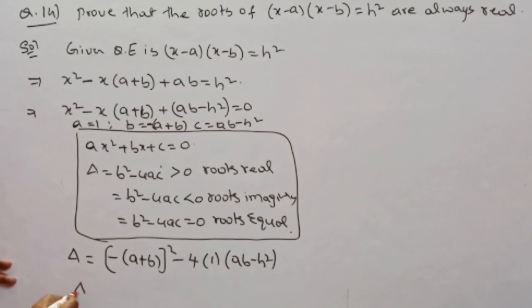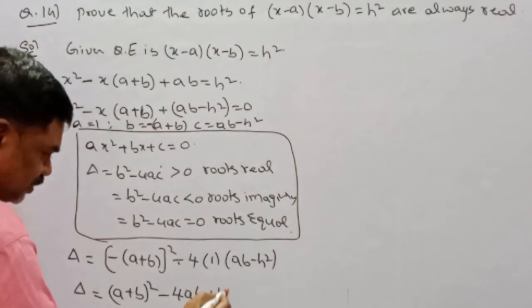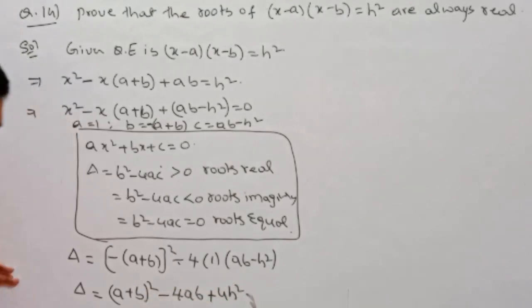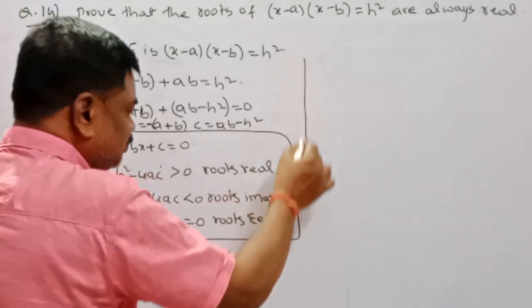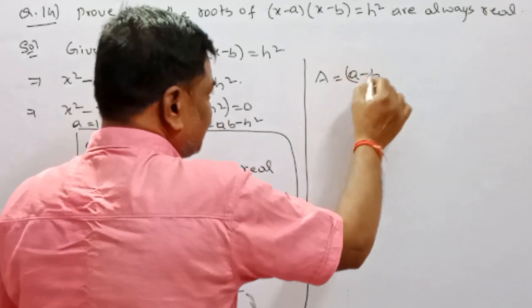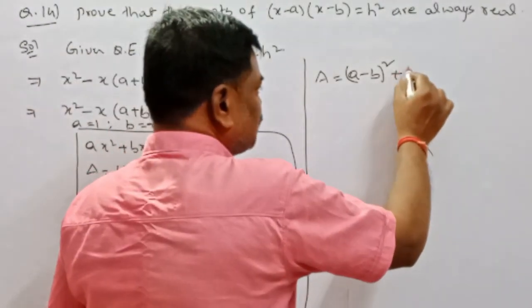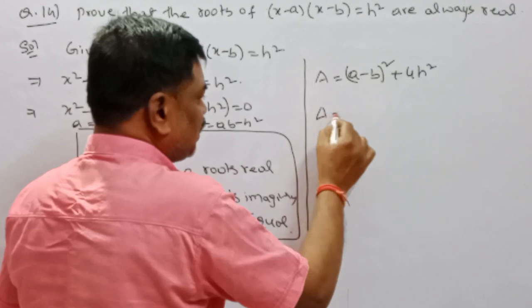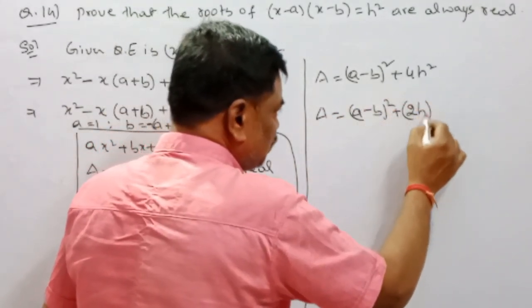So delta equals (a plus b) whole square minus 4ab plus 4h square. (a plus b) whole square minus 4ab is (a minus b) whole square, so delta equals (a minus b) whole square plus (2h) whole square.